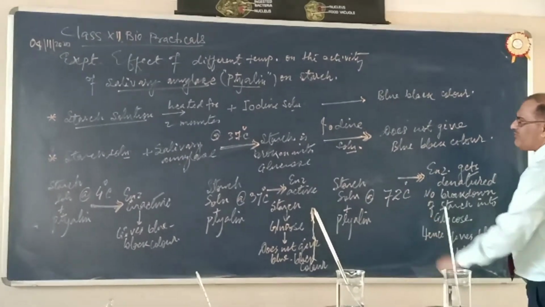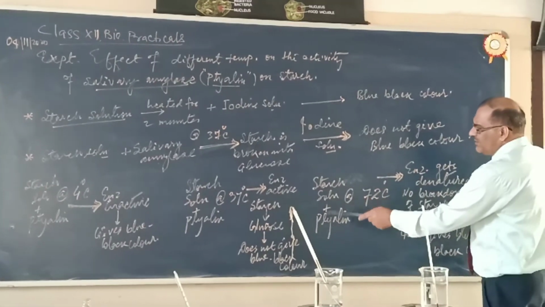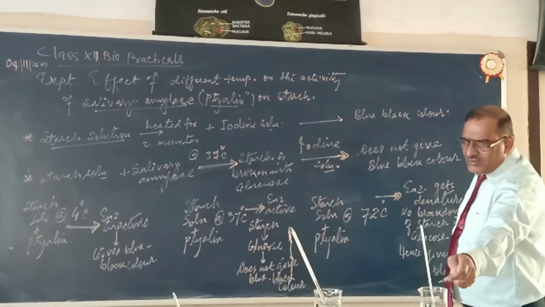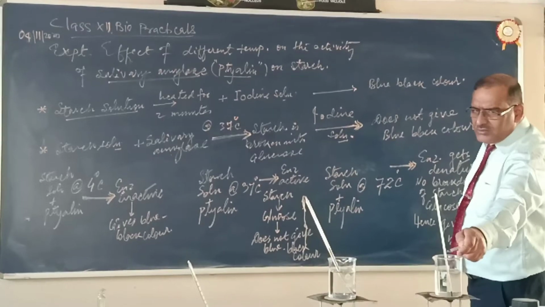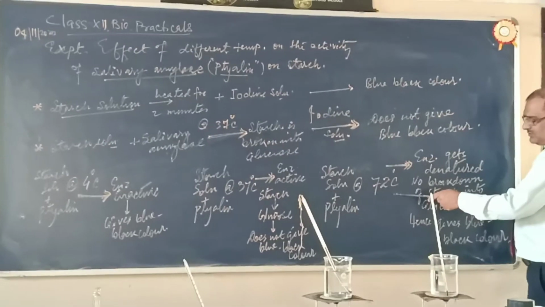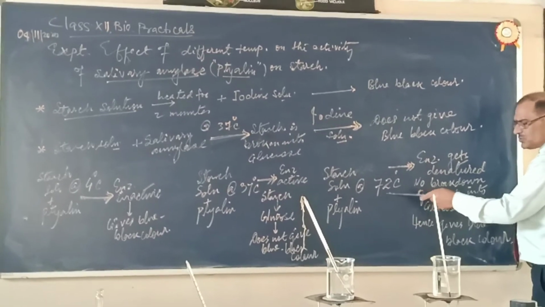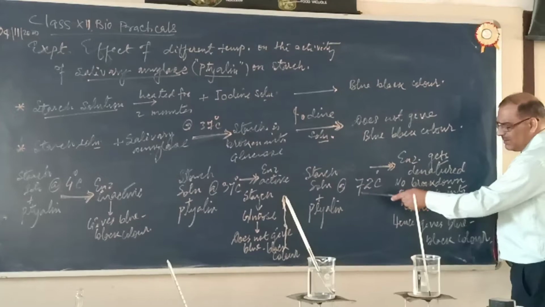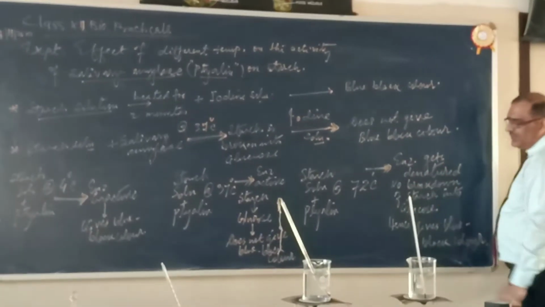Now the third case we have taken is starch solution plus the enzyme amylase in the water bath, where the temperature is around 72 degrees Celsius. Maybe 72, 75, 76, around 70 plus temperature we have maintained. What happens in this case?